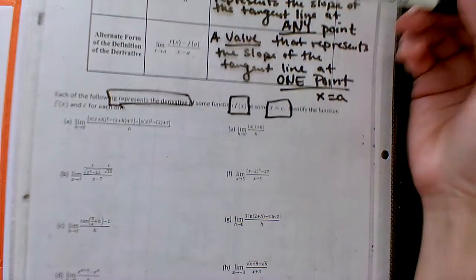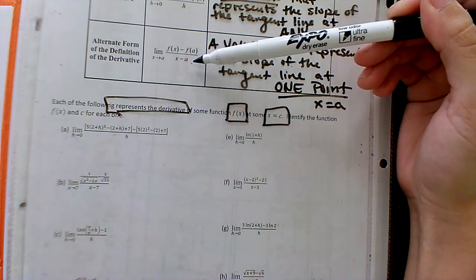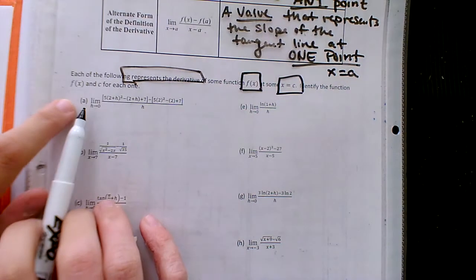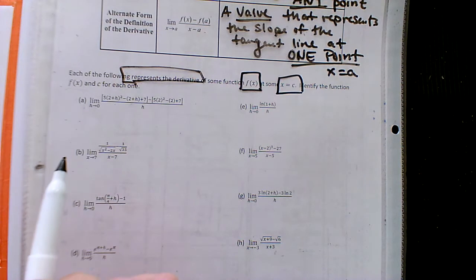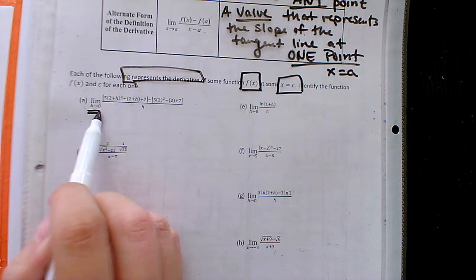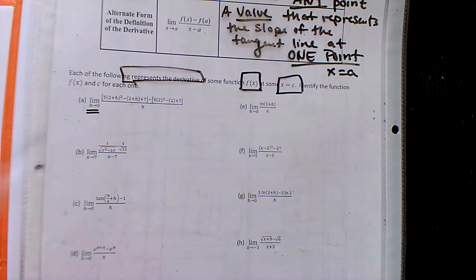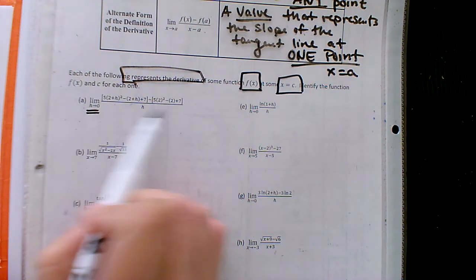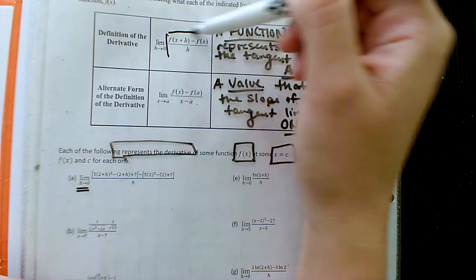So we need to think about, is it the H limit, is it the A limit, which one does it fit? If you take a look at the first one, the hint for you is probably what the limit is approaching. Notice how this one is an H limit. So this function, whatever it is in there, should fit this setup.